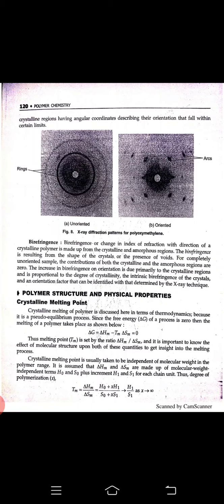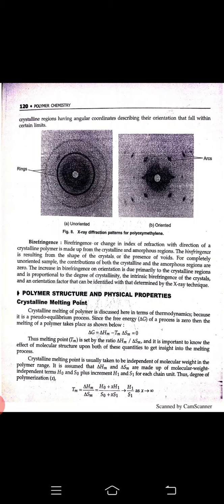Birefringence, or changes in index of refraction with direction, of a crystalline polymer is made up from the crystalline and amorphous regions. The birefringence results from the shape of the crystal or the presence of voids. For a completely unoriented sample, the contributions of both the crystalline and amorphous regions are zero.